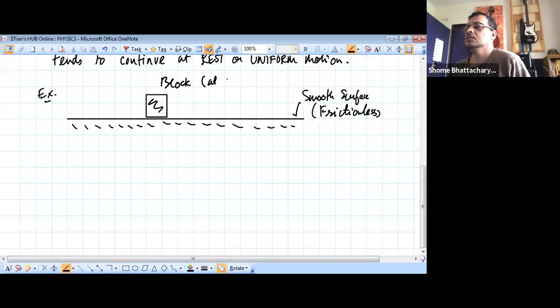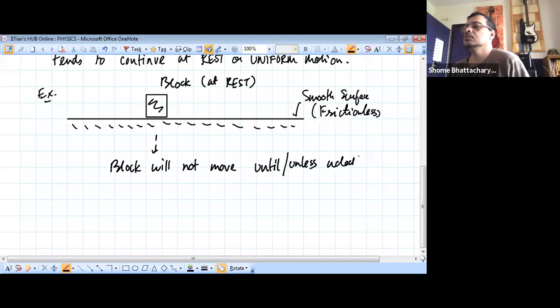We know that this block will not move until or unless acted upon by some external force.